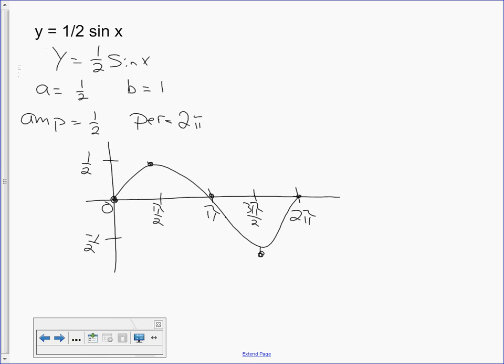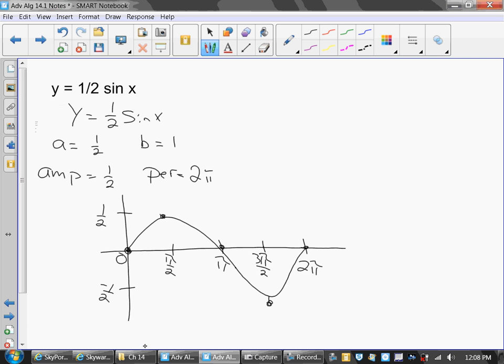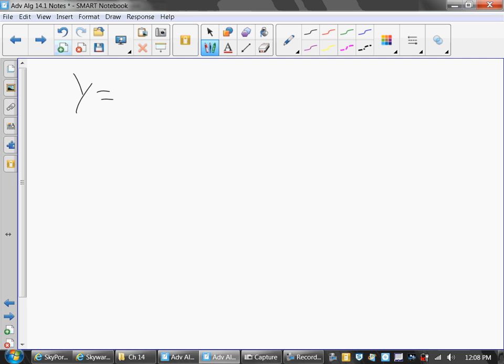Let's get to the scary stuff. Let's get to the point where you have to worry about your amplitude and your period. Y equals -2 cosine of 4 pi x. Will B always be an integer?